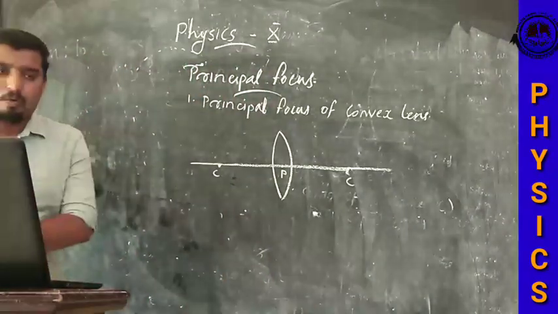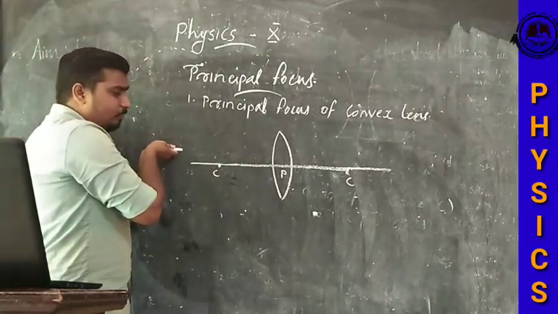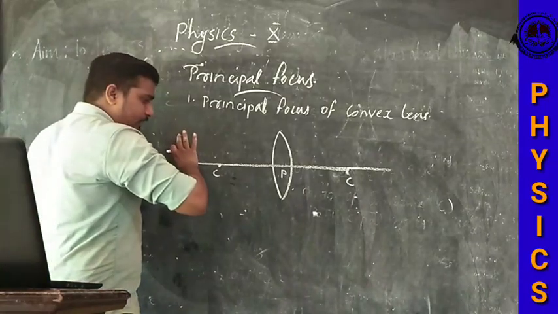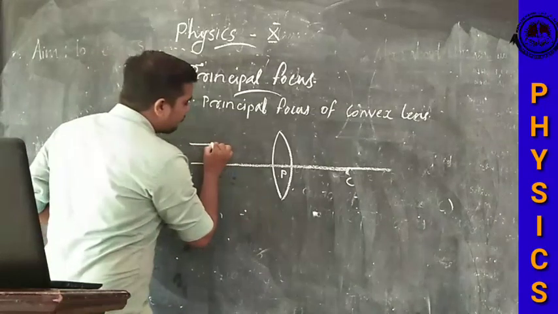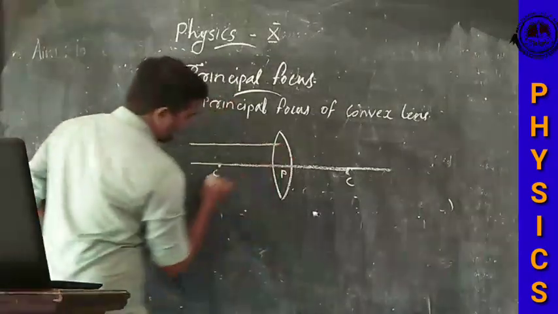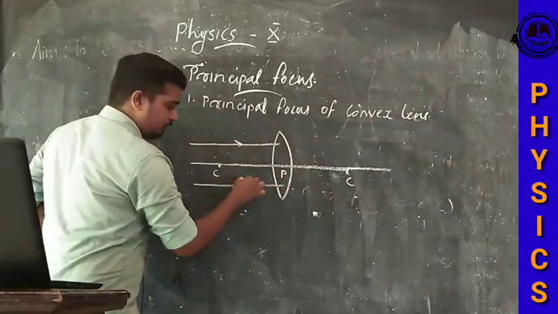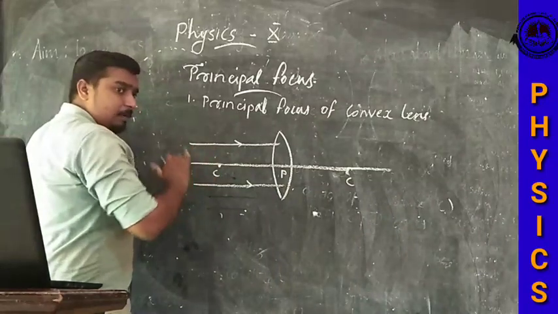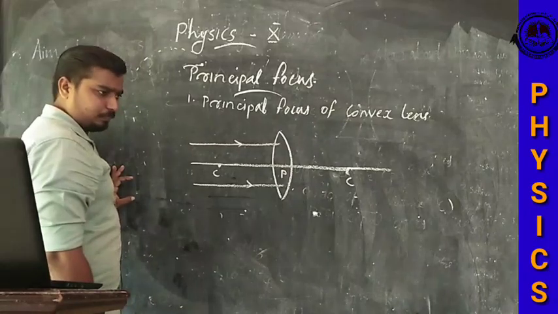Okay, now here we are passing some light beams parallel to this principal axis. The light beams are passing parallel to this principal axis.